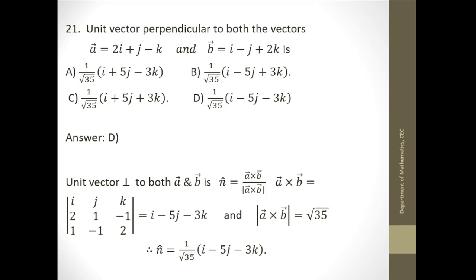So, 2 minus 1 is 1i, minus 5j, plus minus 3k, and its magnitude is square root of 1 square plus 5 square plus 3 square, therefore root 35. So the unit vector is 1 by root 35 into i minus 5j minus 3k.